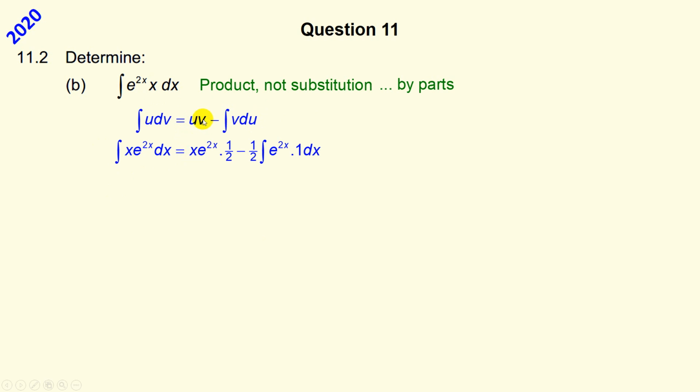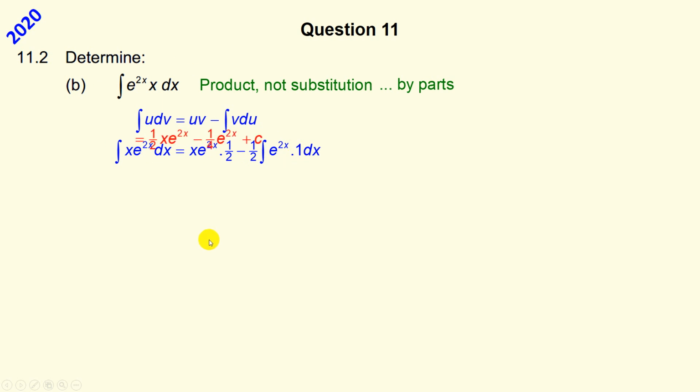And the integral of v, there's the e to the 2x is our dv. So its integral to give us v is e to the 2x again times a half, to allow for the integral of the inside function, minus. Now we're going to have v du. So we're going to have v again, which is e to the 2x times a half, and we'll put that on the outside. du is 1.